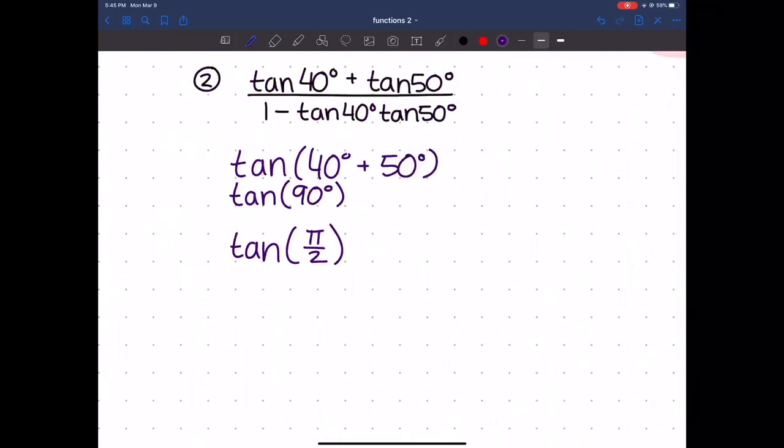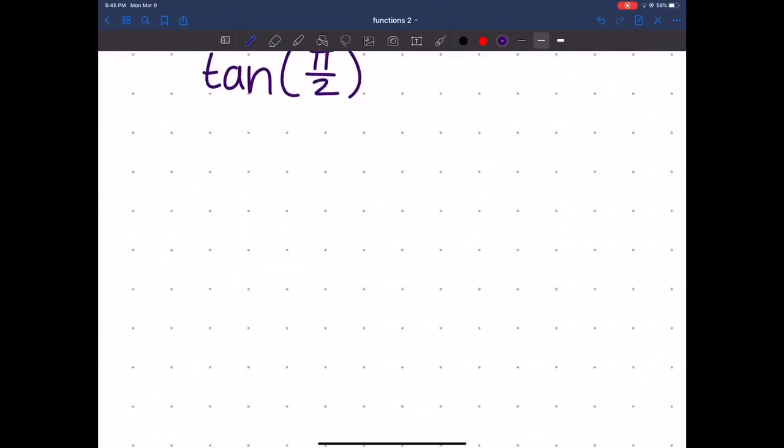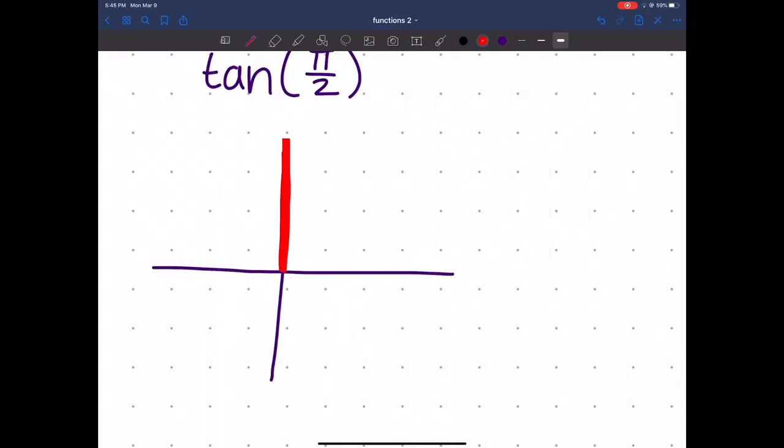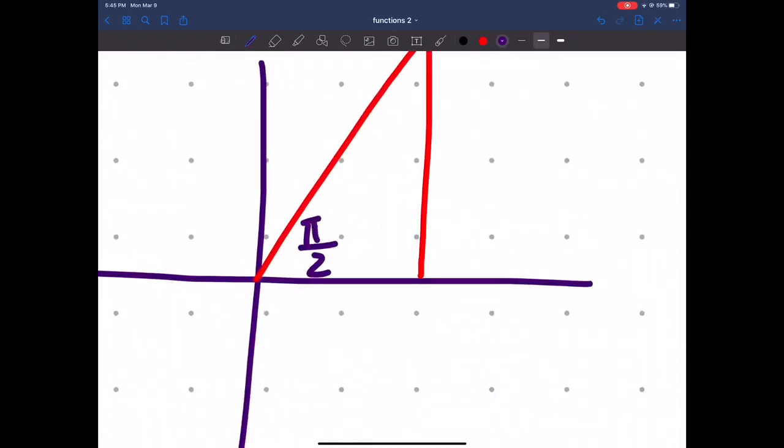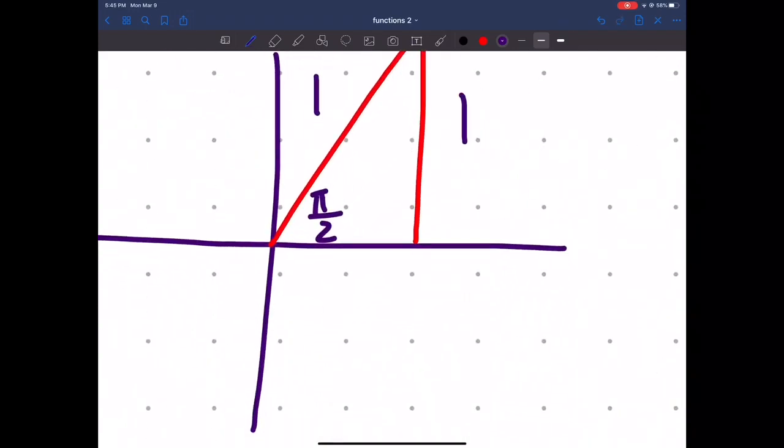Because it's asking us to evaluate the following, we're just going to draw our CAST diagram. A really bad one. Realistically, your diagram is supposed to look like this, but for visualization purposes, we're going to draw it out as a triangle. We know that the angle over here is pi over 2. Because this is what it actually looks like, the hypotenuse is the same length as the height, and so the base is 0.